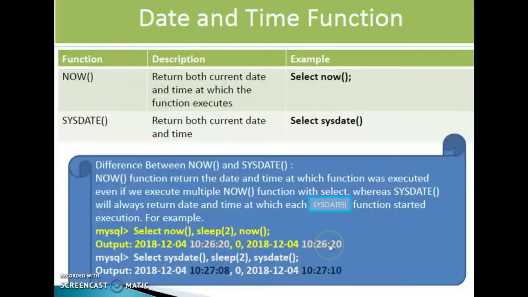The same time appears both times, since the function time is the time the statement started. Then select SYSDATE(), SLEEP(2), SYSDATE(). After 2 seconds, it will display a different time. Okay, clear this one?